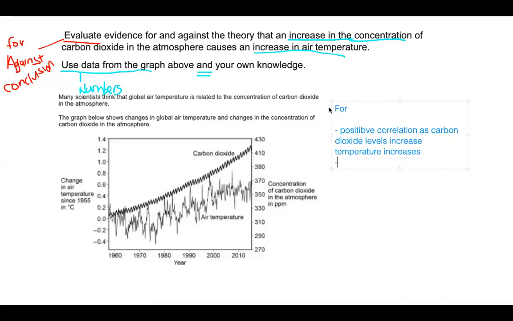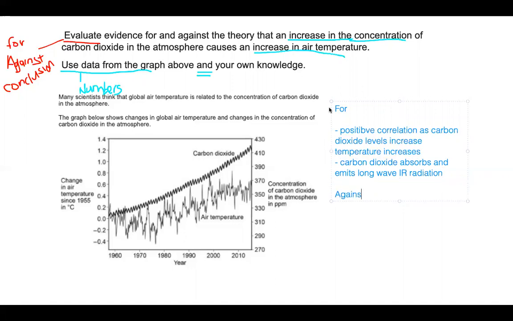Now, from our own knowledge, we also know that carbon dioxide absorbs and emits long wave IR radiation. So essentially it traps heat. So there's definitely a mechanism there. We know carbon dioxide can absorb and emit long wave radiation. And as we can see, as carbon dioxide increases, so has temperature.